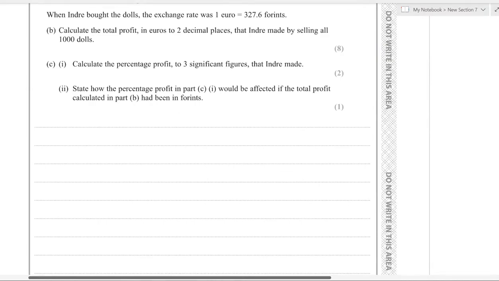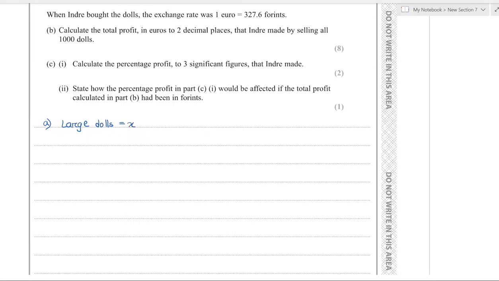So let me write it down here. Part A: large dolls are considered to be x, and small dolls are considered to be 4x.